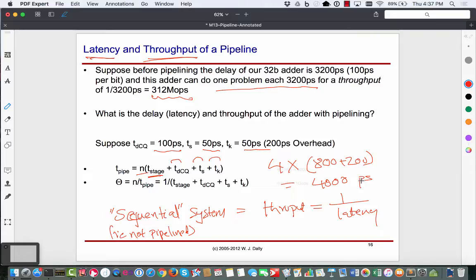So if you were to plot n, which is the number of pipeline stages, versus throughput, you would see that it's not linear, it's not a proportional thing. As I increase the pipeline, I'm not seeing a corresponding proportional increase, but it will start saturating at some stage, and at some stage, further pipelining may actually worsen things.